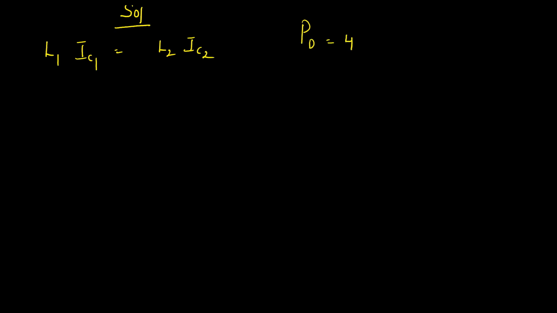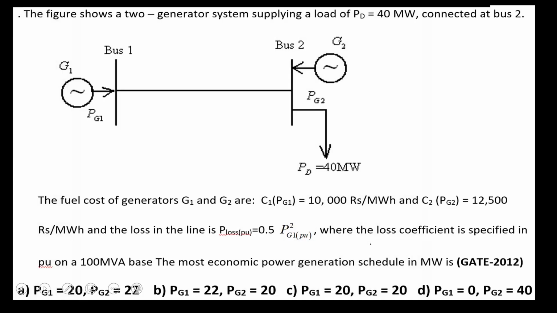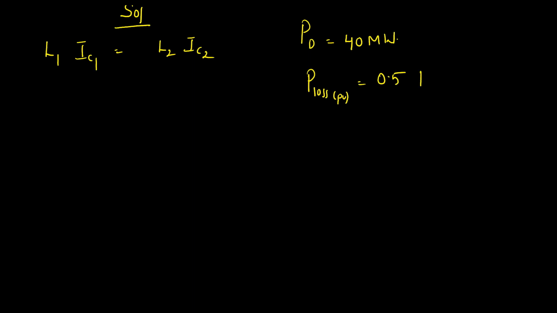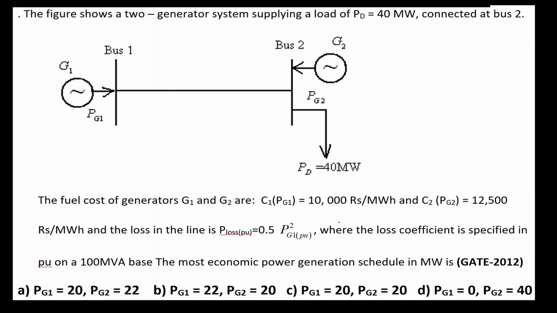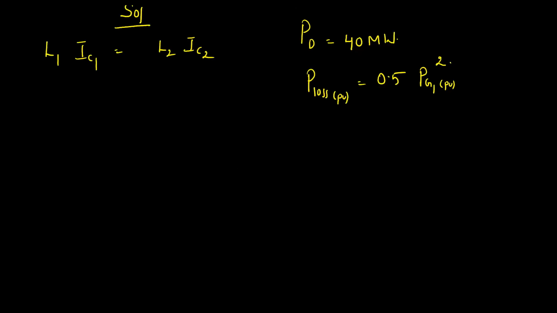Load demand, he has given as 40 megawatt. Power loss in per unit is 0.5 into Pg1 per unit square. First, since the load is directly connected at bus 2, we can directly write the penalty factor of L2 is 1. L1 is 1 divided by 1 minus dPL by dP1.